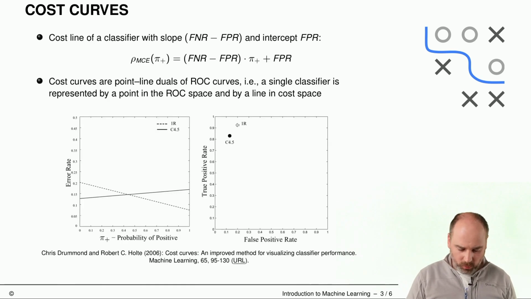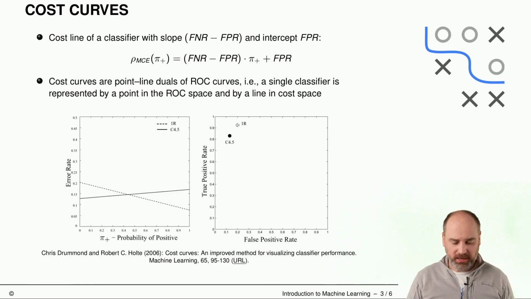So what we now know is that we can write the cost line of a hard label classifier simply in terms of FNR and FPR. If you give me access to a hard label classifier, if you just allow me to measure its FNR and its FPR, I can draw the cost line by calculating the slope and the intercept, which is simply FPR.